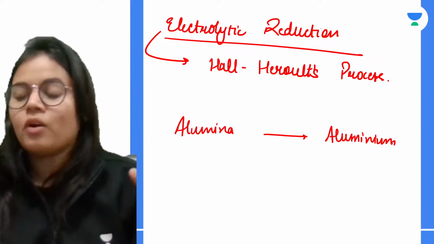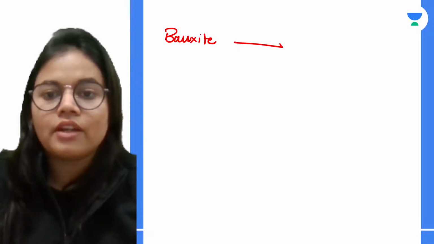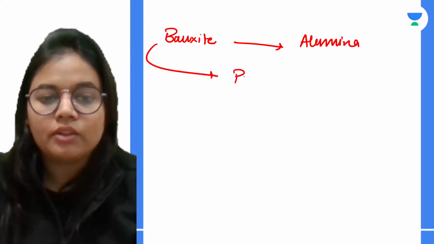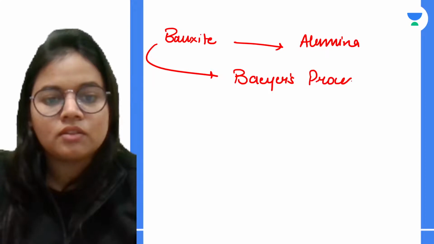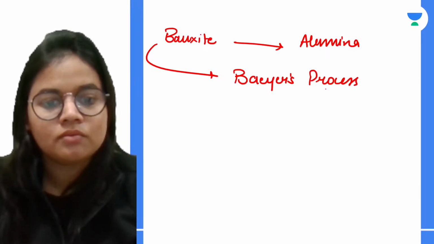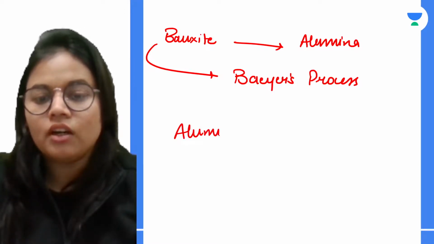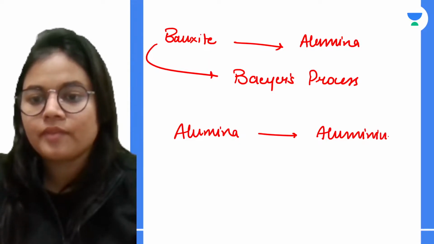So the main thing in the extraction of aluminium is that there are two main processes. First, we have bauxite, and from bauxite we get alumina. This thing we learned right now in Bayer's process. And next is from alumina to aluminium.